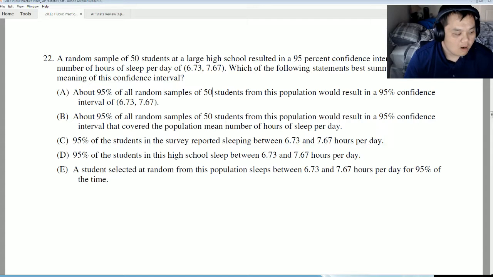Sample size of 50 students at a high school, and they did a 95% confidence interval for the number of hours slept.